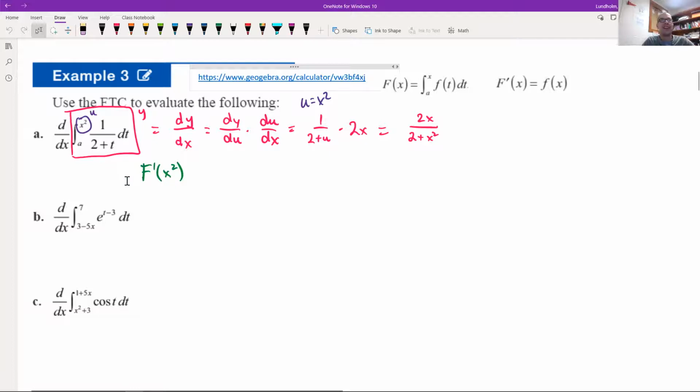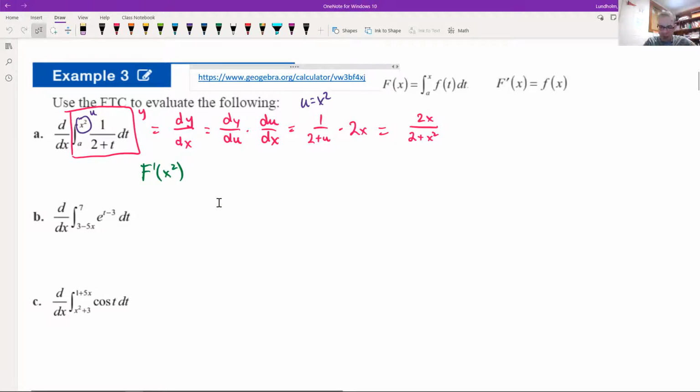So the area function is kind of the antiderivative. This derivative, this prime here, is representing the d over dx. And then x squared is the inside function that's being plugged into the normal fundamental theorem of calculus form. So the right-hand boundary is x squared.